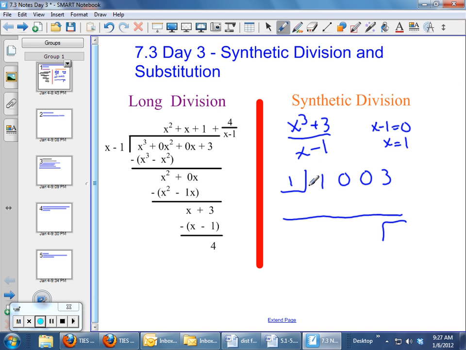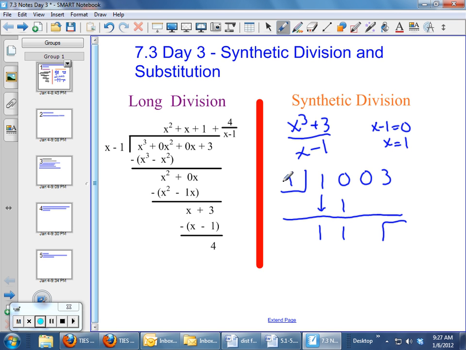Okay, so now the next part of the problem is just kind of a repetitive procedure. So we start by bringing down the 1. And now we take the number in the box, 1, times this 1. So 1 times 1 is 1, and we place that up here. Now we don't subtract, we add these two numbers. 0 plus 1 is 1.